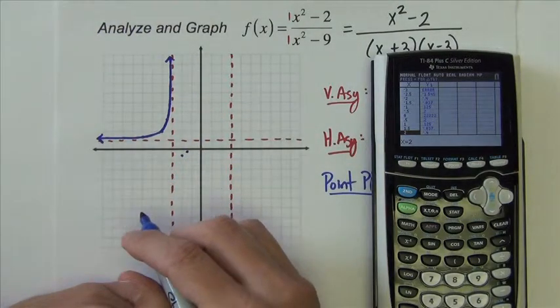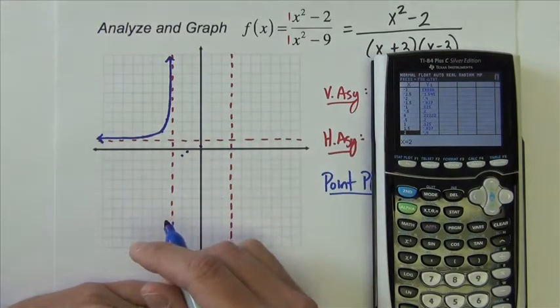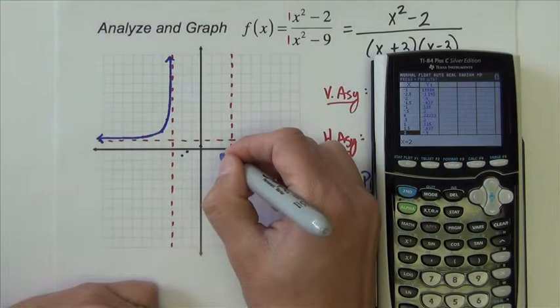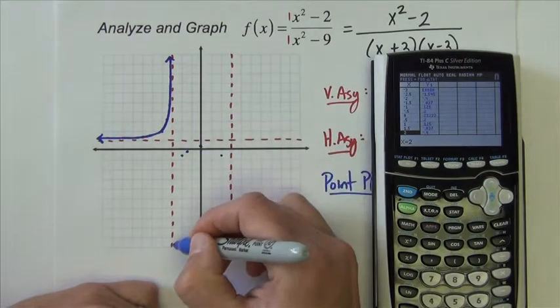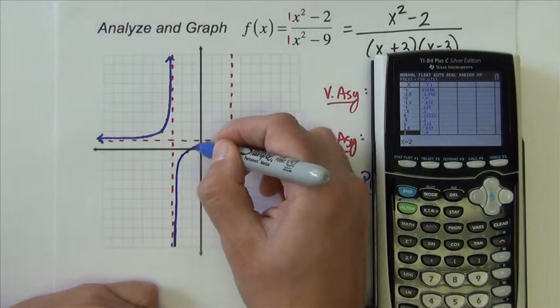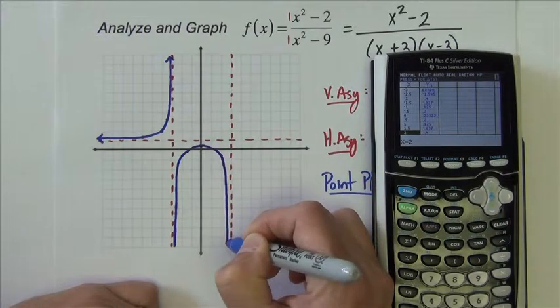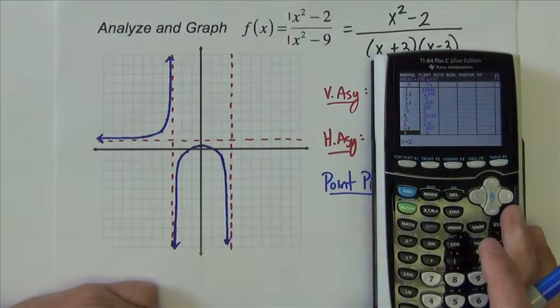See, 0 is 0.2, 2 repeating. It's above there. 2 is negative 0.4, so it just kind of looks symmetrical. Okay, so there's that end.